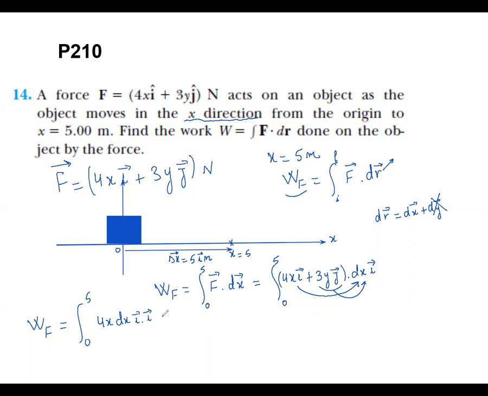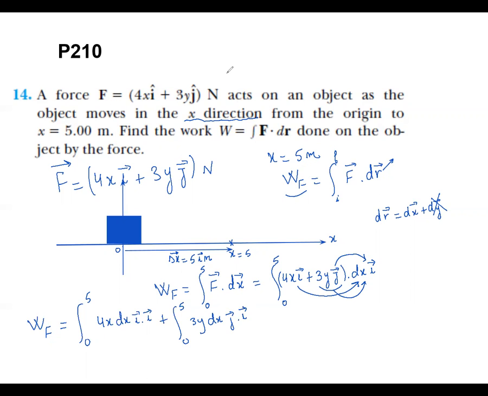Plus the integral between 0 and 5 of 3yj times dxi. So we get 3y dx, and we have j times i as a vector. Here be careful.